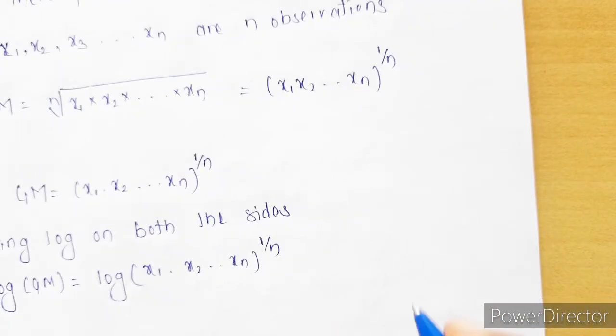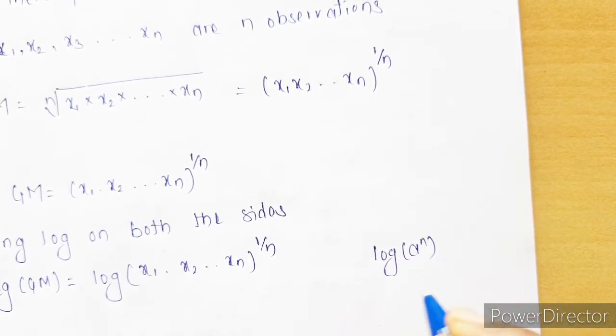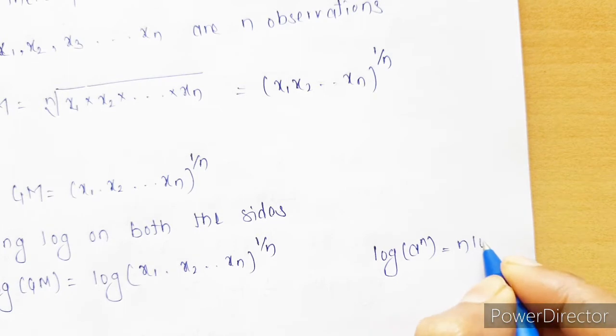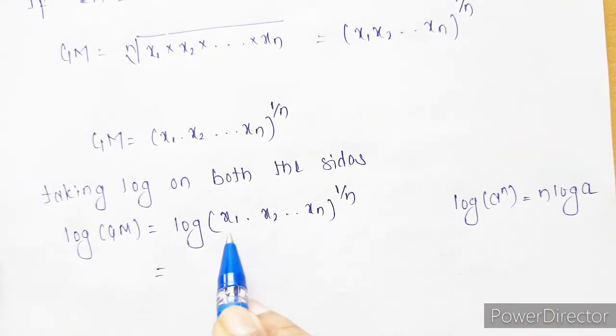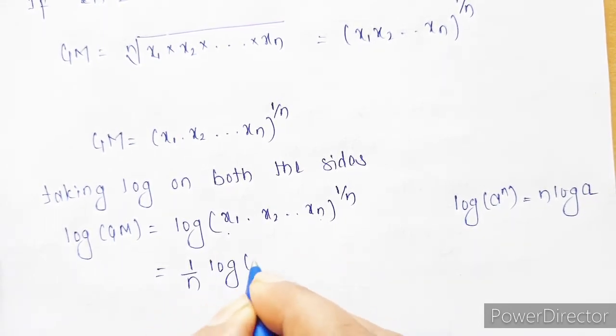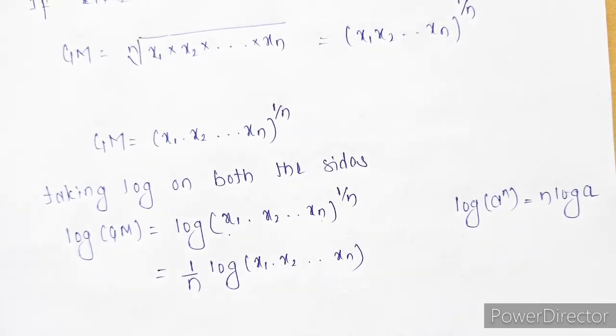Now we know that whenever we have log of a raised to power n, it can be written as n times log of a. So I am using the same here. So log of x1 till xn to the power 1 upon n can be written as 1 upon n times log of x1, x2 till xn.